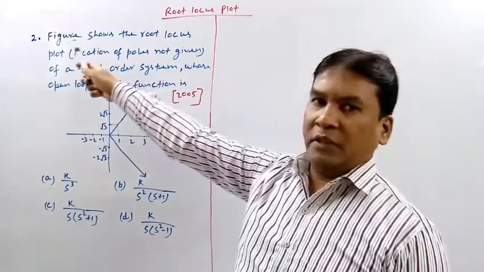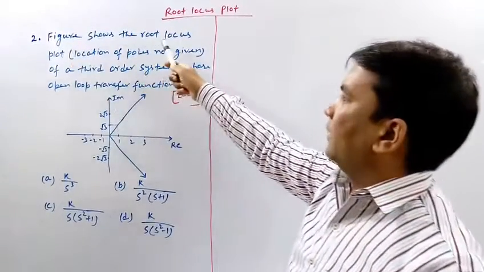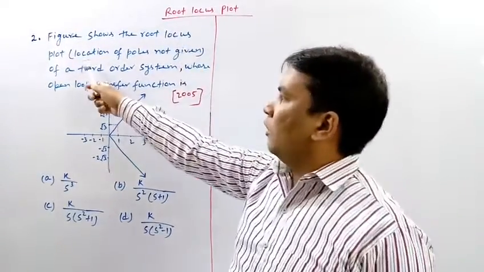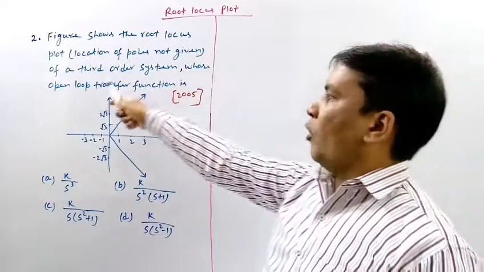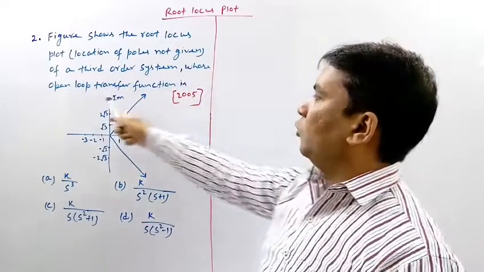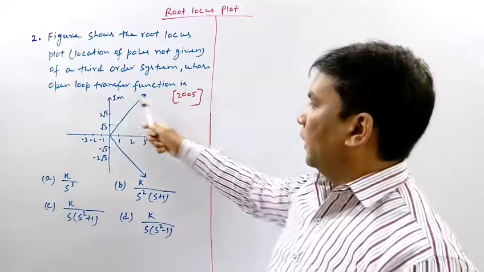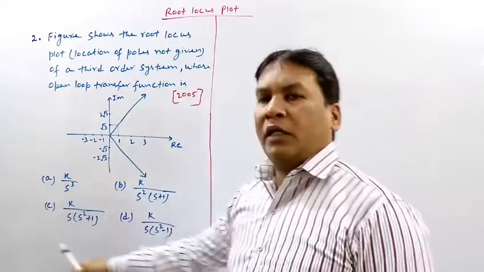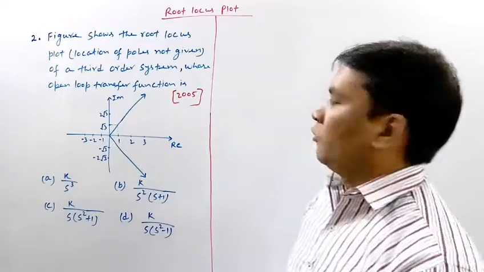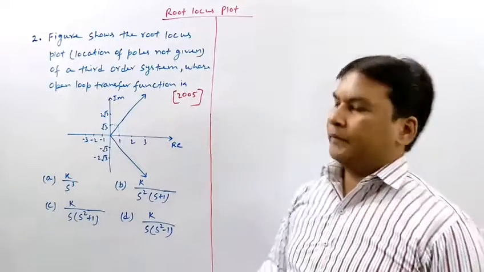The next problem is, the figure shows the root locus plot, location of poles not given, of a third order system whose open loop transfer function is this. There are 4 alternatives given, and this question was asked in GATE 2005.